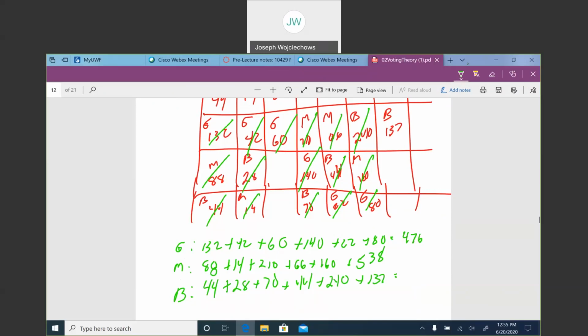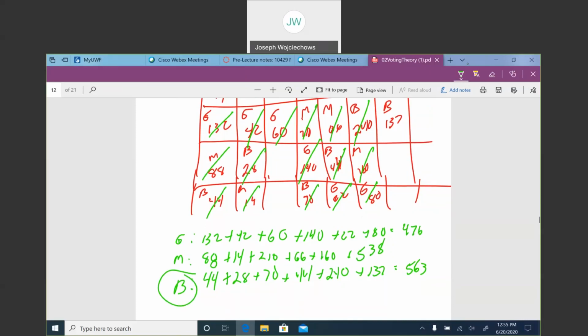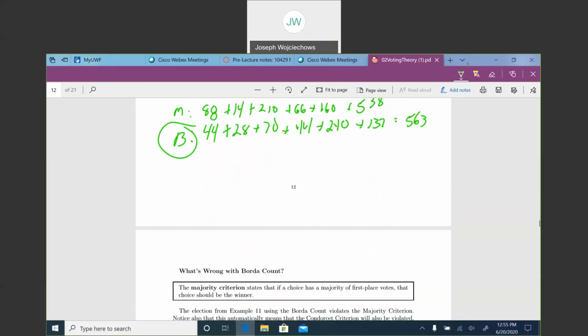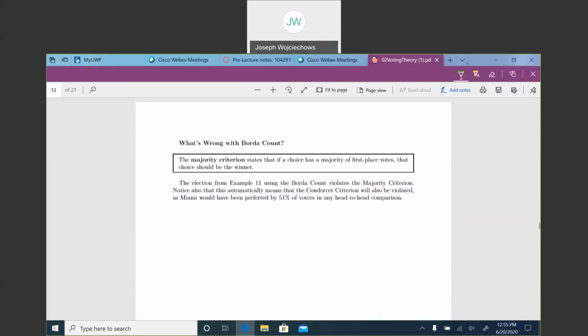Add those together. And we get 563. So in this case, Bunny is the winner. Now, haven't we had... No, Bunny won the first one as well, so at least we got the same winner there. So what's wrong with Borda count?